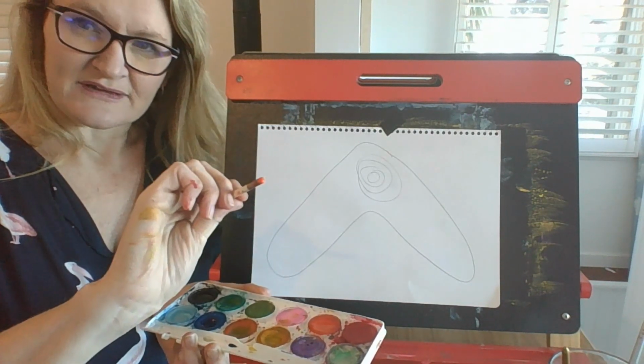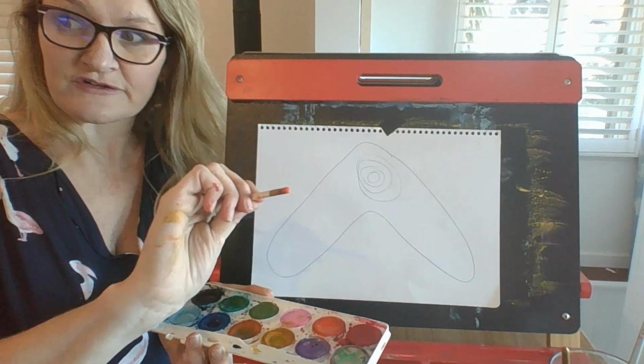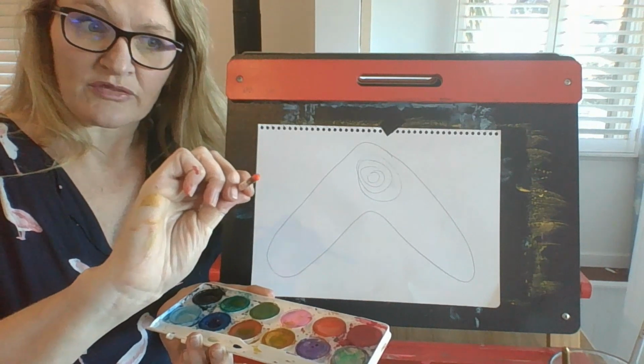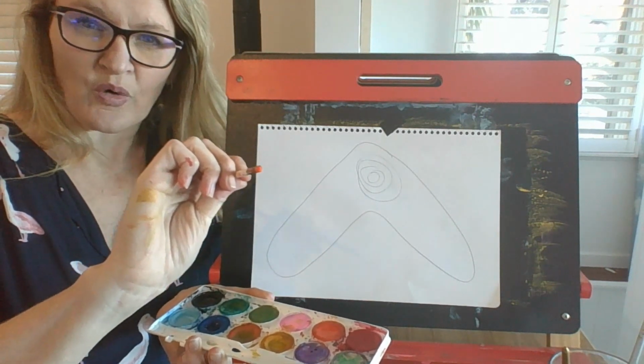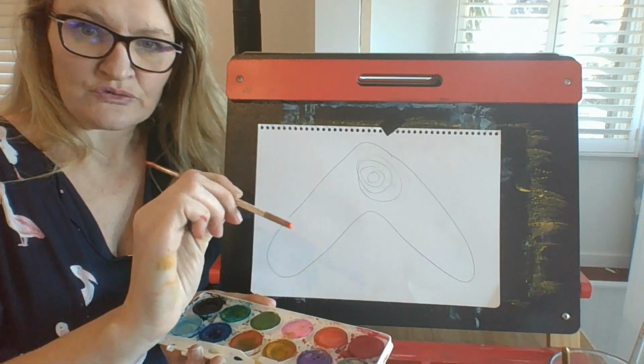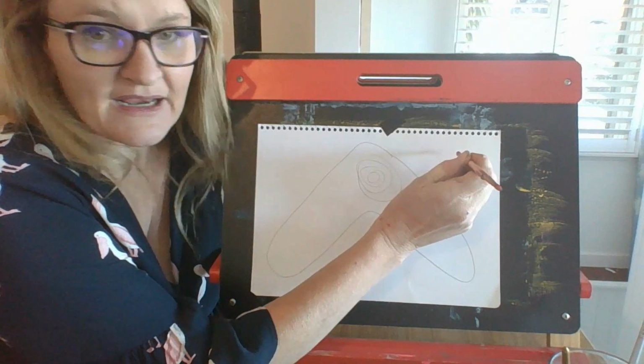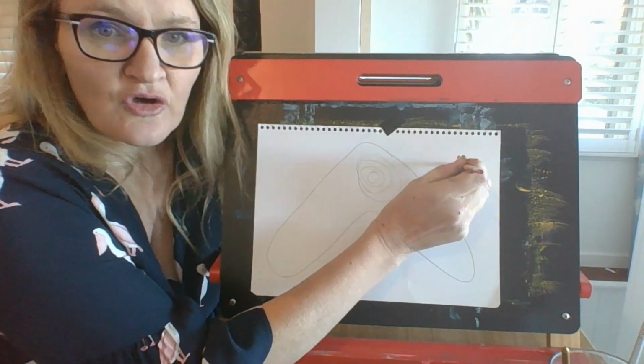Now you can also use things like chopsticks, skewers, kitchen skewers, anything with a small round point. If you use a lead pencil, I find they get a little bit too big. So the first technique is just the dots.